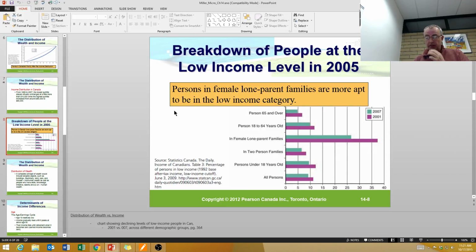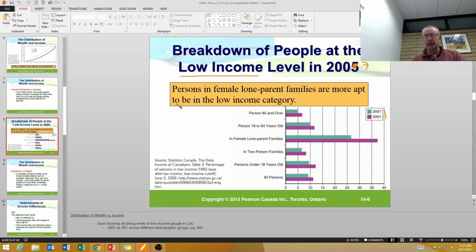Okay. So this chart shows how the level of low-income people during the period 2001 to 2007 declined across most demographics in Canada. These are the percentage of people in so-called low-income LICO groups.